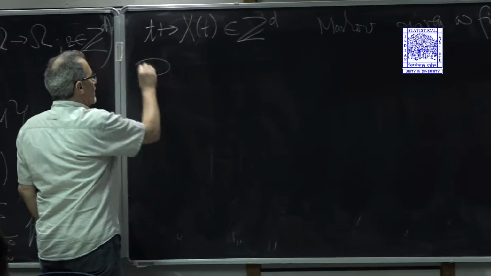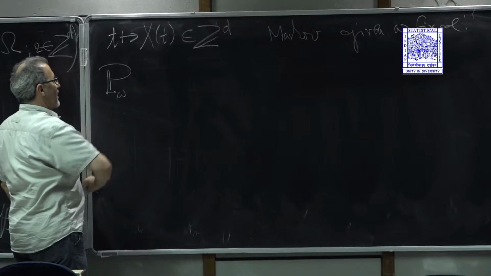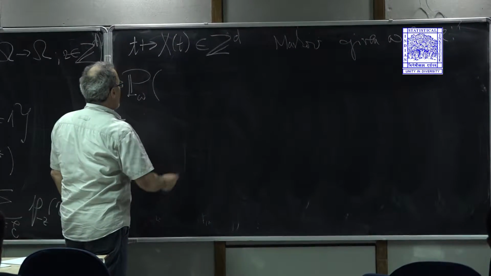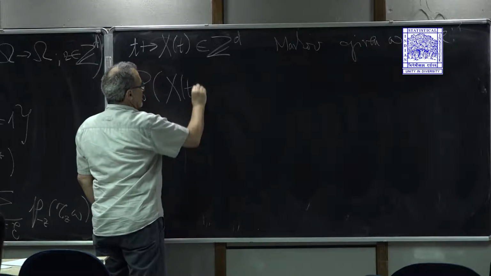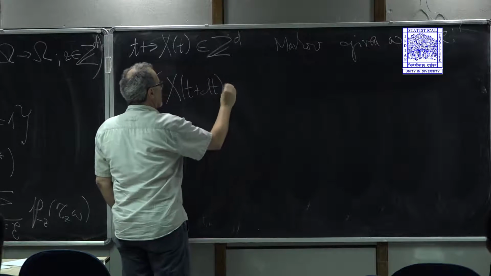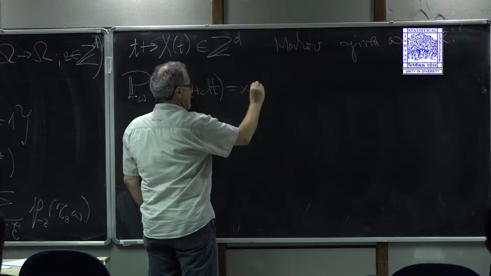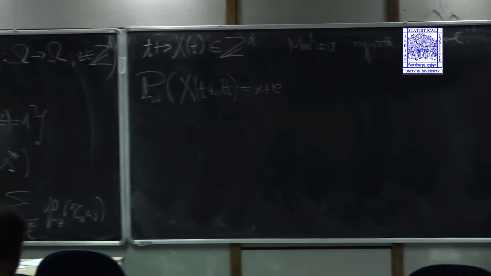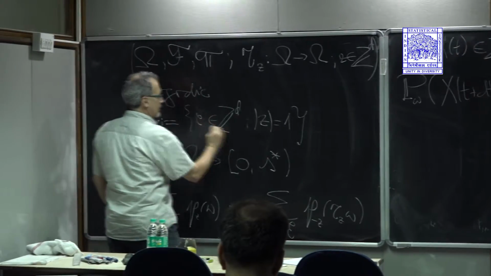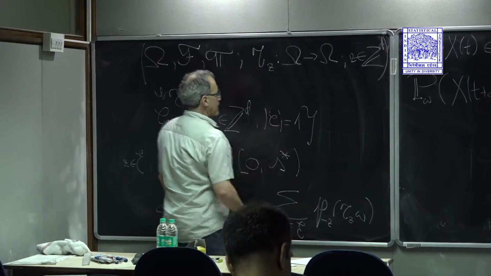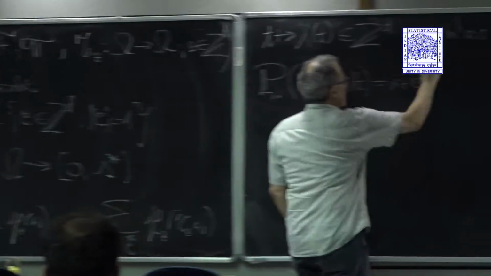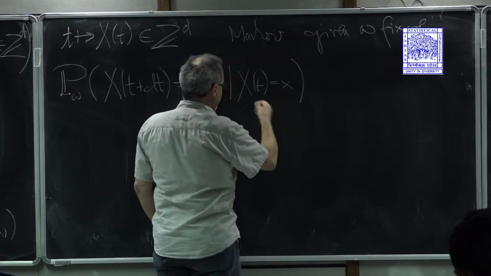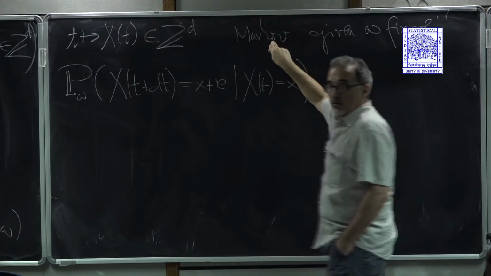So once the environment is fixed, then this is a Markovian random walk on Z^d, and I tell you the rules. Probability, I put here an omega because that's fixed. Conditional on omega, X_{t+dt} equals x plus e, where e is one of these, given X_t equals x. I don't write the whole path because it's Markov.